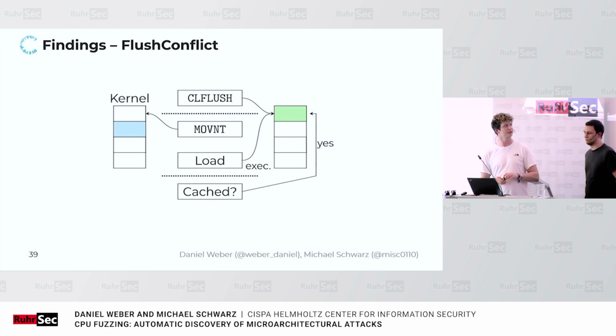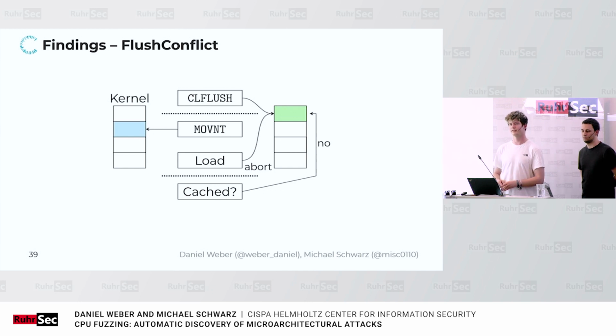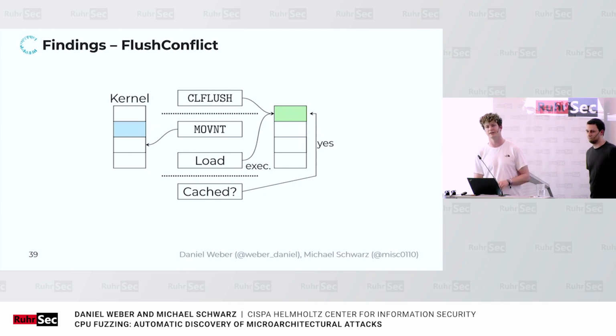We just take a look at whether the green memory address is cached or not. If the kernel is not there, then it's actually cached. If the kernel is there, then we do not see a cache hit, but we instead get a cache miss. Same thing again: if the kernel is not there, we see a cache hit. But that's still a little bit theoretical.